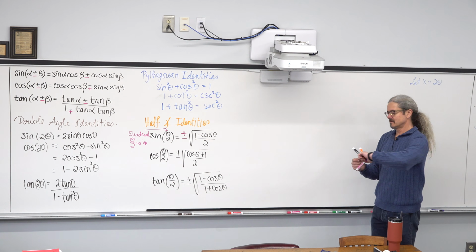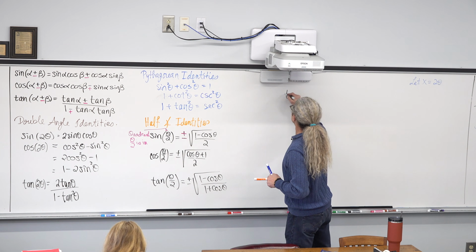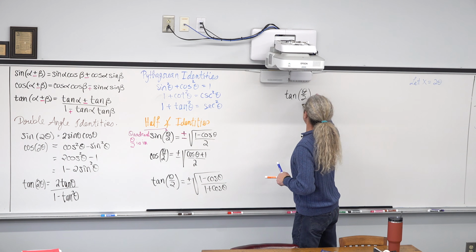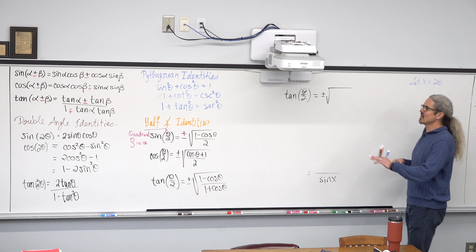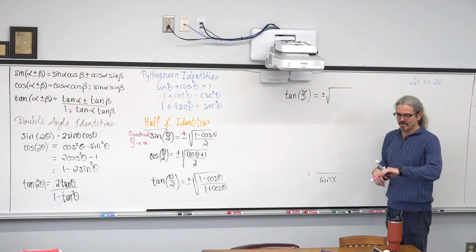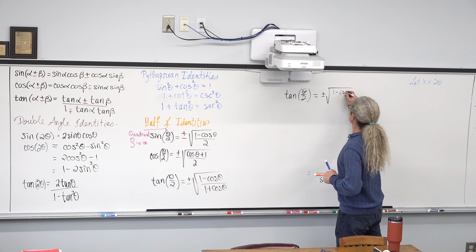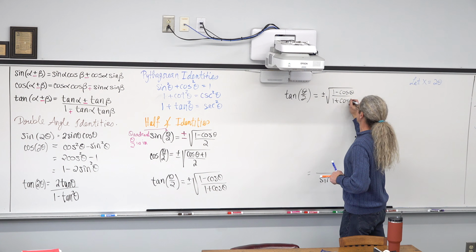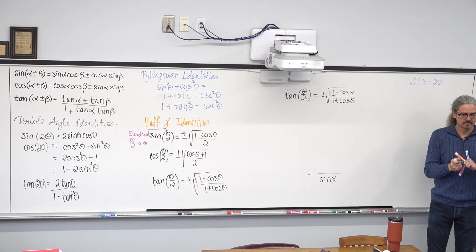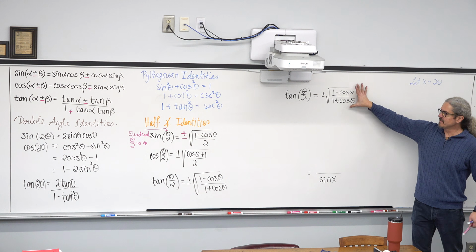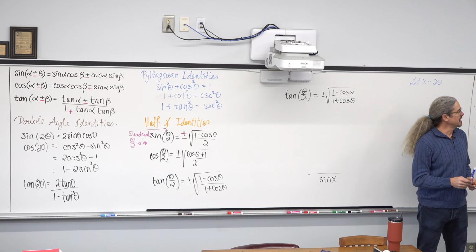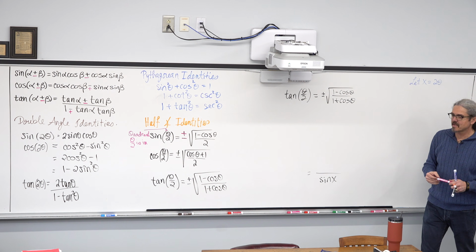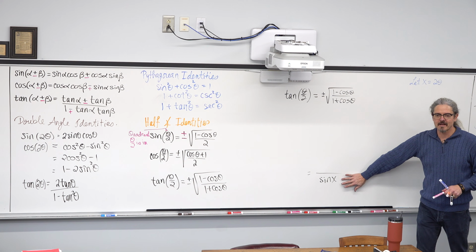There is a tangent of theta over 2 identity that has just the sine of x in the denominator. So knowing that the tangent of theta over 2 is plus or minus the square root of (1 minus cosine theta) over (1 plus cosine theta), and knowing that there is a version of this identity with just sine in the denominator, take a minute, even though I'm going to definitely run out of time, and think about how you would make this show up.